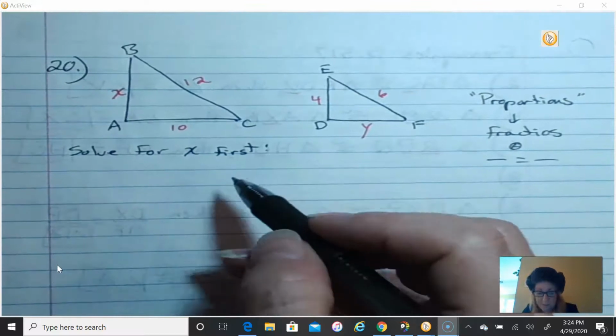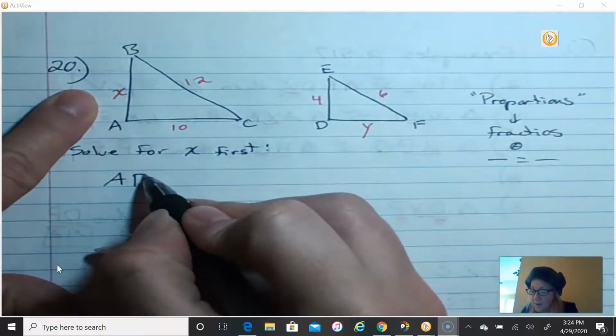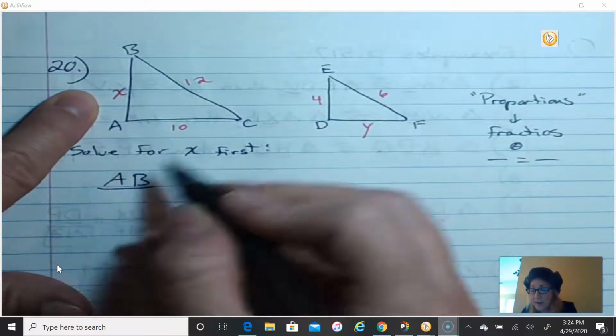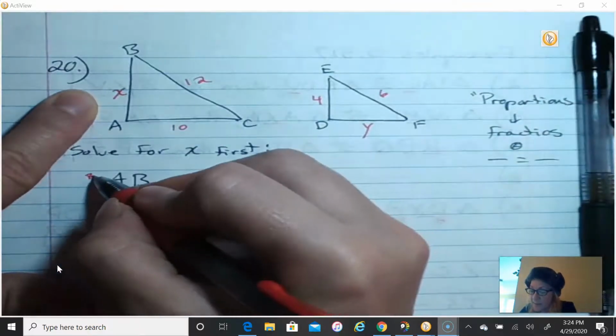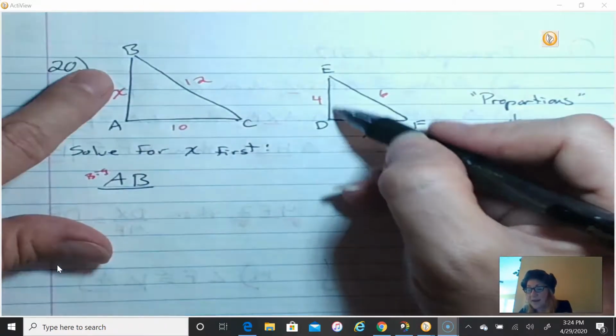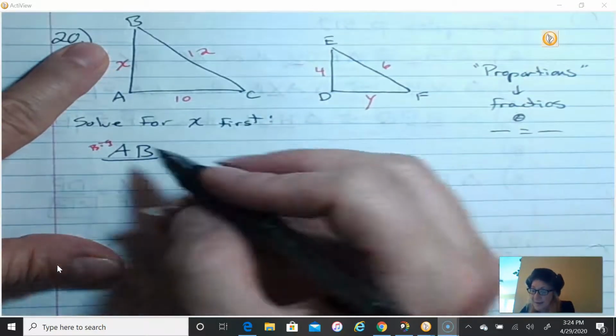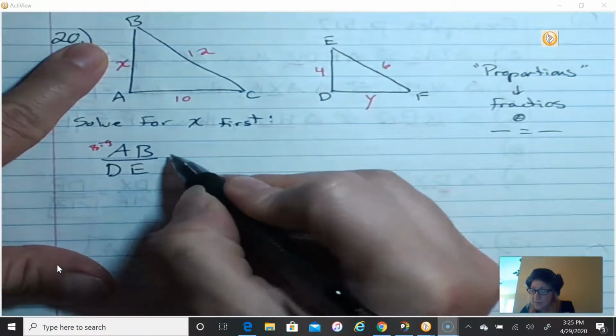So let's get started. We're looking for X, so I'm going to have A, B first. Remember, big on top. Big triangle on top. It corresponds with this side here. So AB on top, DE on the bottom.